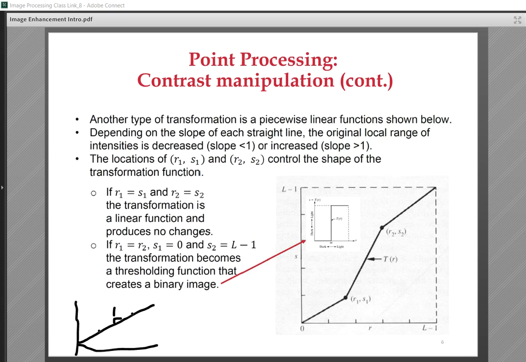The locations of R1, S1, this point, and R2, S2, this point, control the shape of the transformation function. Changing these points, you can change this slope and this slope and this slope. For example, if R1 is S1 and R2 is S2, the transformation is a linear function, not piecewise linear, real linear, as this item.